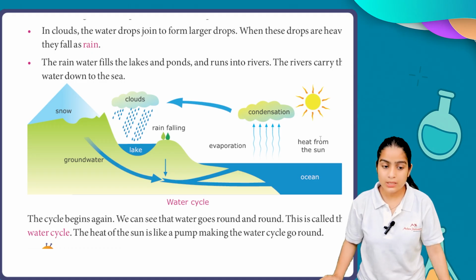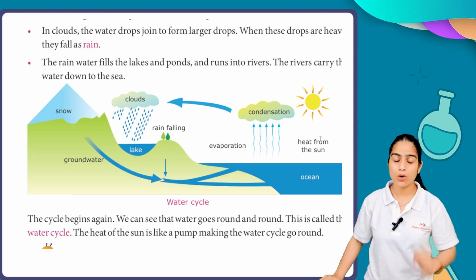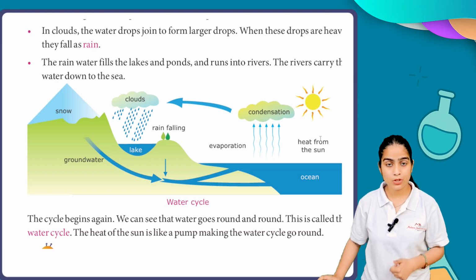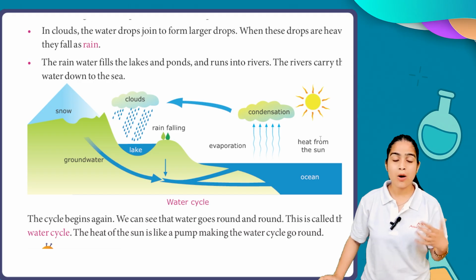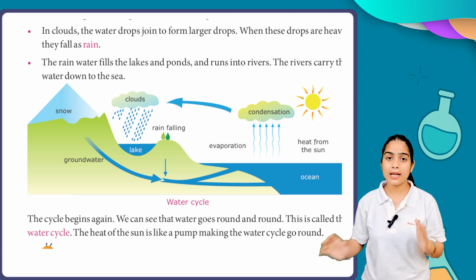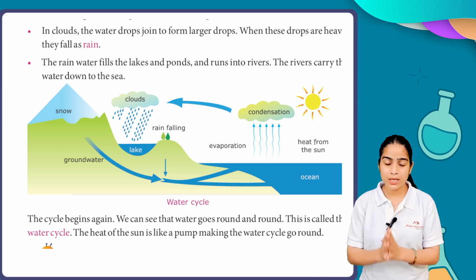So now students, I hope you understood this water cycle where we have three processes. The first process, evaporation: the lake, sea and pond get heated by the sunlight and the vapor goes up. As it rises, it meets a cool temperature, and these water vapors cool and form a cloud.